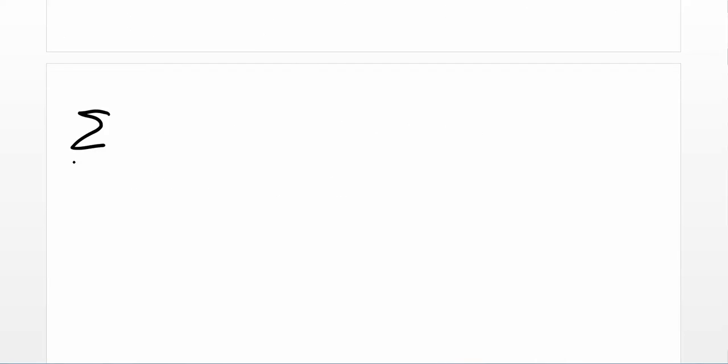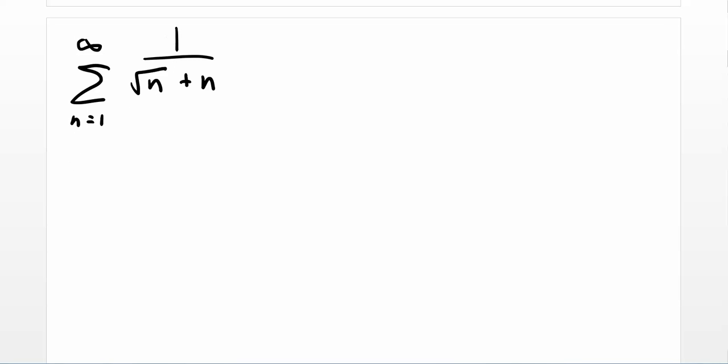Let's look at another example. Same deal. I'll try and make two inequalities. First one will be n plus root n is greater than or equal to n. So I'm usually just going to focus on the higher power term, the higher exponent term.